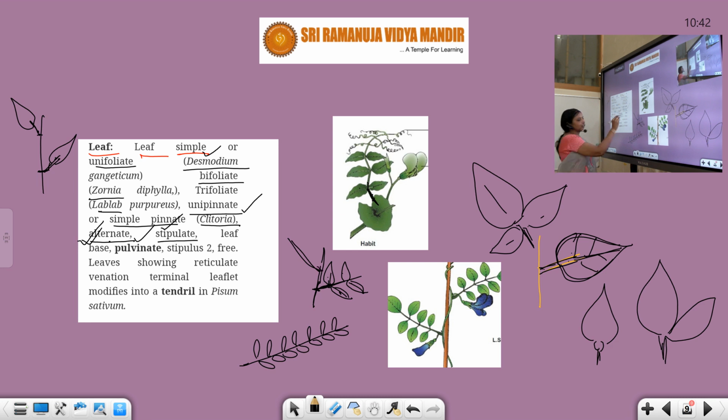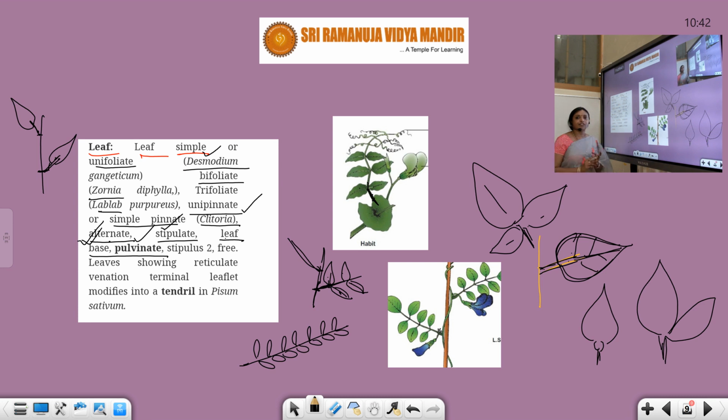And stipulate. Stipules are present. Stipules, small leafy structures, if we see near the base, that is stipules. Here you can observe the stipule. At the base of the rachis, stipules are present. And leaf base is pulvinate. A very important characteristic feature of this plant. Pulvinous leaf base is present in the Fabaceae family.